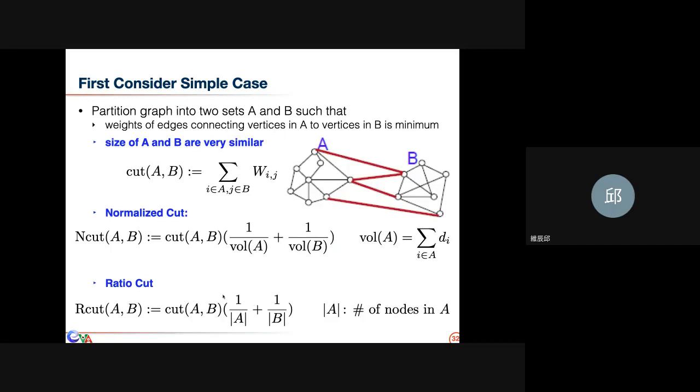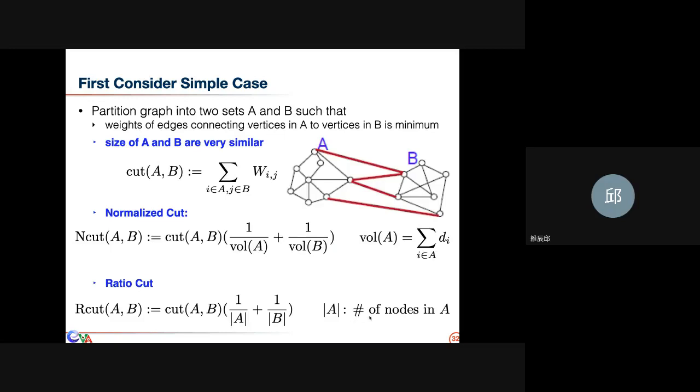And in the ratio cut, the additional constraint is like this: a summation of 1 over the size of the set A plus 1 over the size of the set B. And the size here means how many data points you have in a specific group.